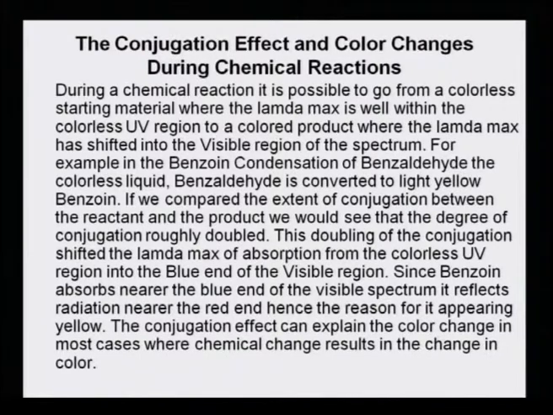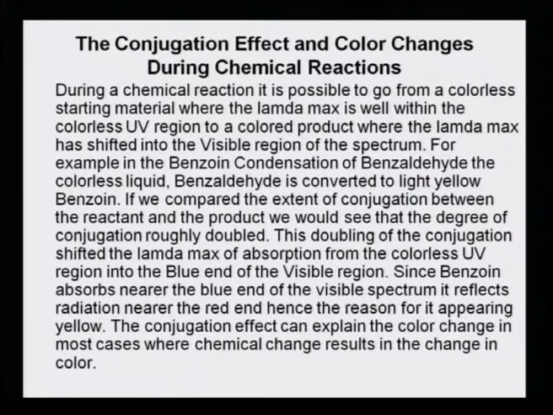This doubling of the conjugation shifted the lambda max of absorption from the colorless UV region into the blue end of the visible region. Since benzoin absorbs nearer the blue end of the visible spectrum, it reflects radiation nearer to the red end, hence the reason for it appearing yellow.